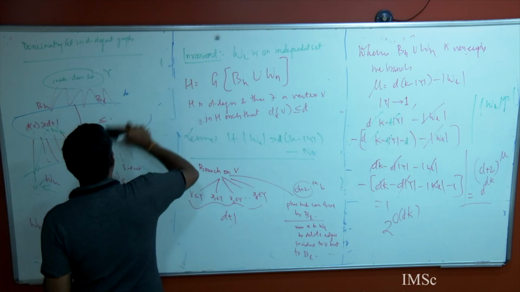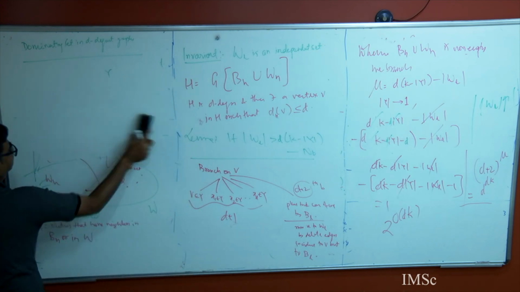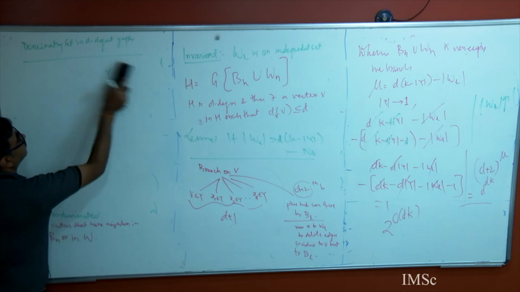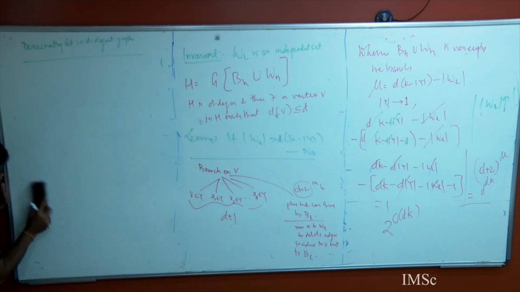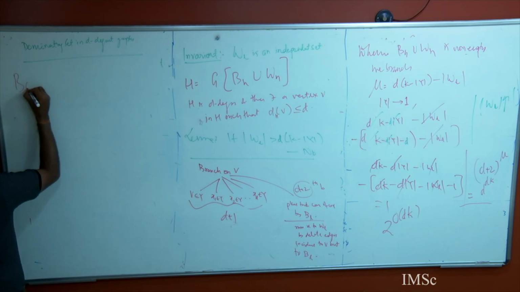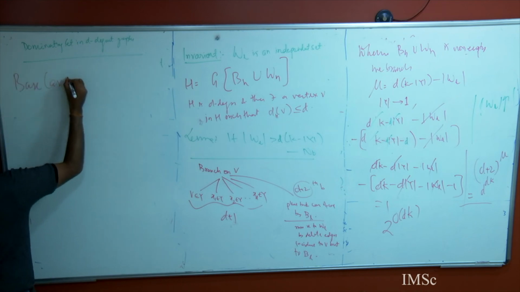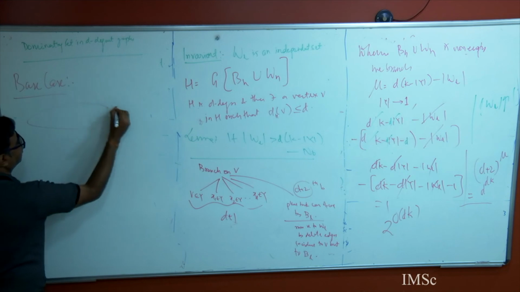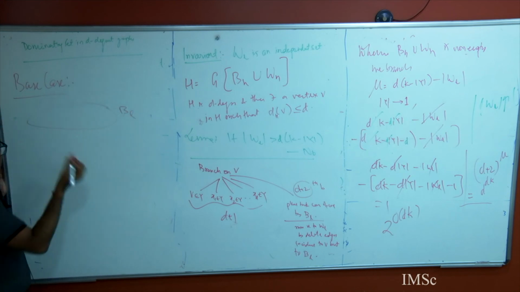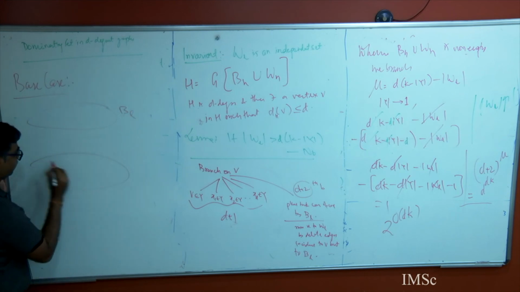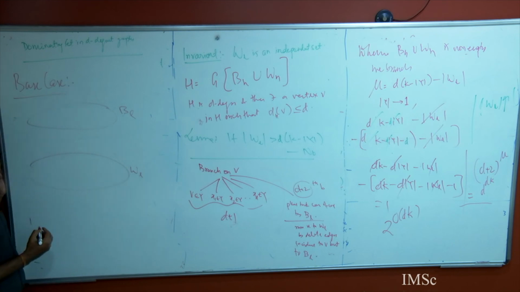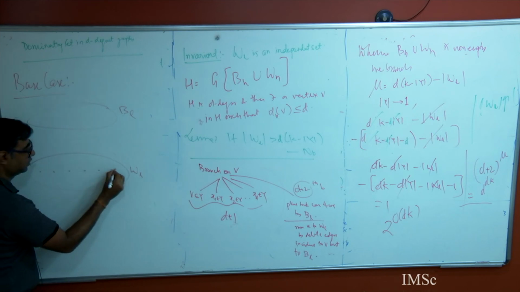Okay, so base case. What is my base case? Here is your BL, I don't know what its size is, and here is your WL that needs to be dominated, and what is its size?